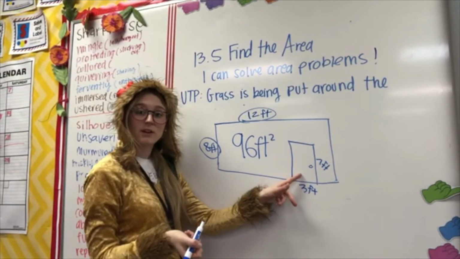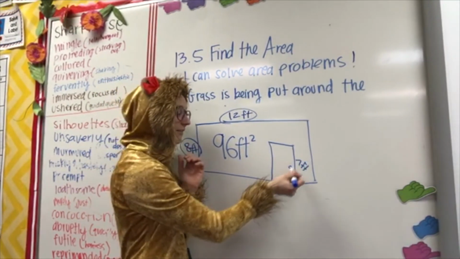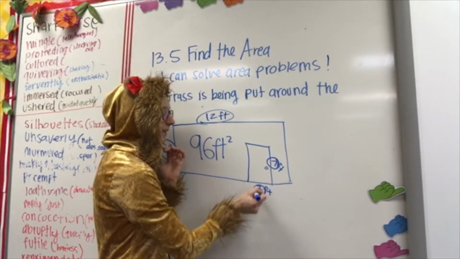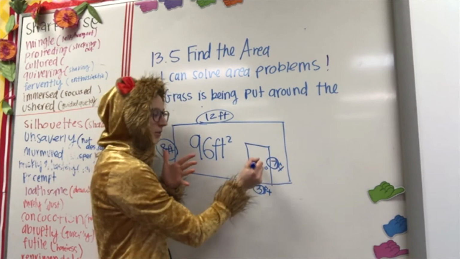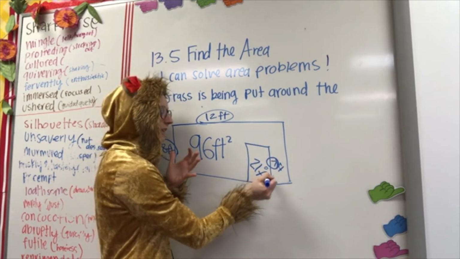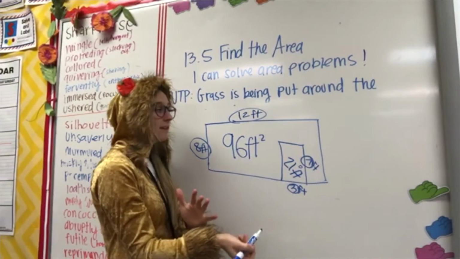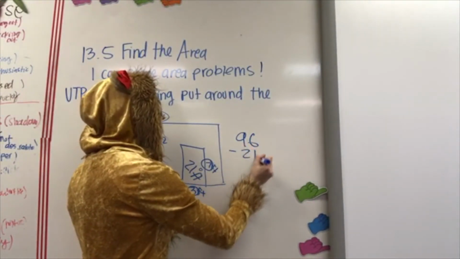But we need to get rid of the door because we don't want to paint it. So we do 7 times 3 because we have base is 3, height is 7. 7 times 3 is, hopefully you know, 21 feet. So we got to take our whole area and subtract our new 21 feet. So let's do 96 minus 21.